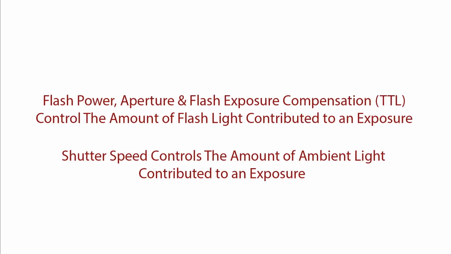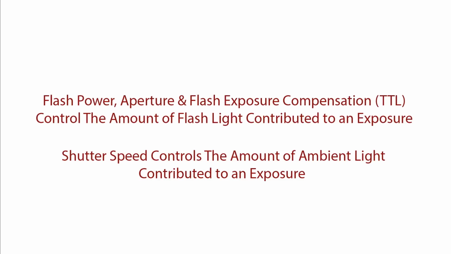The power of your flash, the aperture setting that you're using, and flash exposure compensation setting, if you're shooting TTL, are going to control how much flash is being contributed to the exposure, right? Shutter speed, on the other hand, is going to control the amount of ambient light that is contributed to the exposure. So the slower the shutter speed, the more ambient light is collected by the sensor.